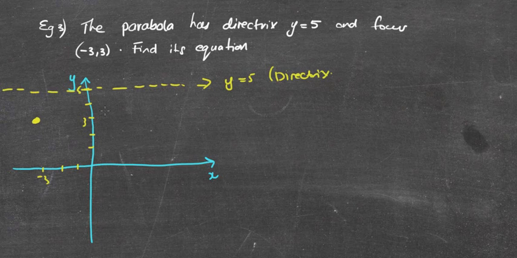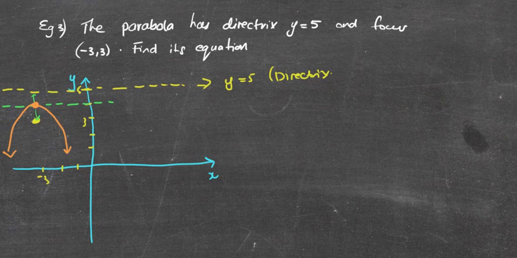Okay, so in this case, if my focus is below the directrix, it basically means that the vertex must be halfway in between the focus and the directrix, which means that halfway between 3 and 5 is going to be 4, that line there. So it means that this point here is my vertex, which means it's going to be an unhappy face graph.